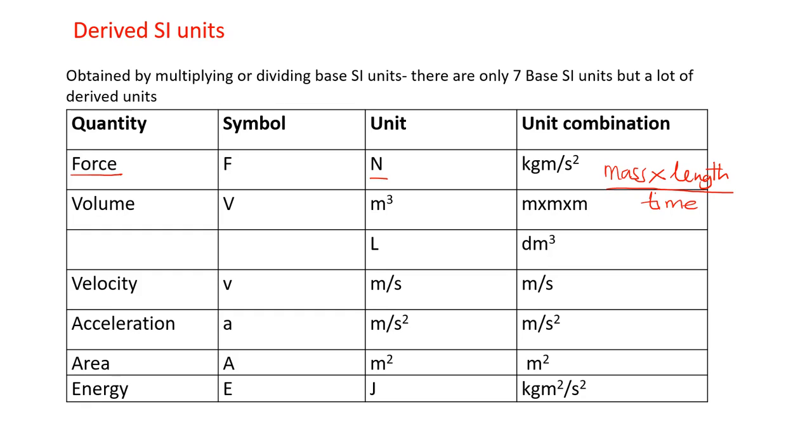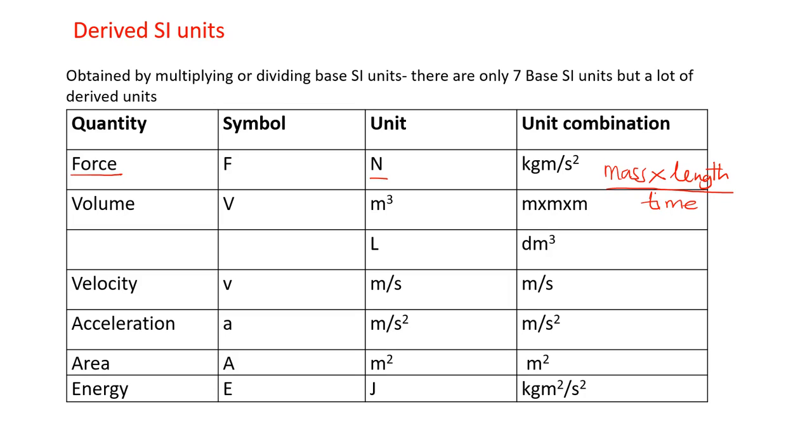So it's the same thing for volume. The unit is a cubic meter. It is a derived unit. Another form of volume is a liter. So a liter is the same as a cubic decimeter. That is also a derived unit.